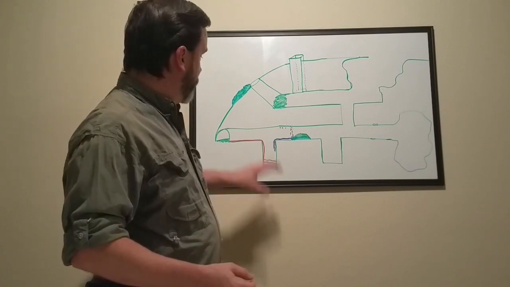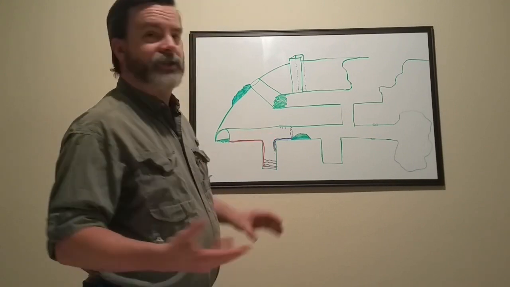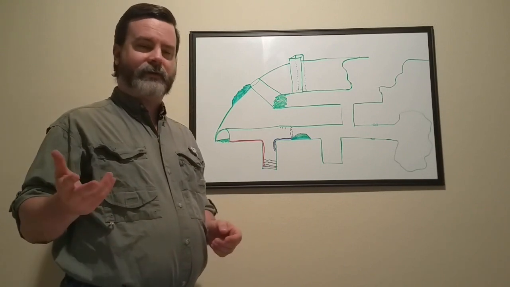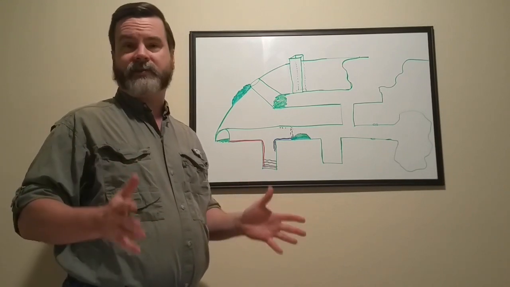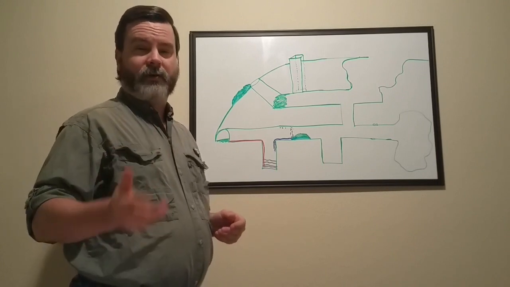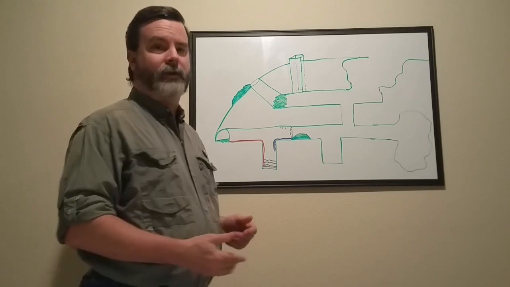Depends. This little cut here is known as a sump. Just like in the northern climates where you have basements, you might have a sump well, sump pump. Same principle applies here. All it is is an area for water to flow to.